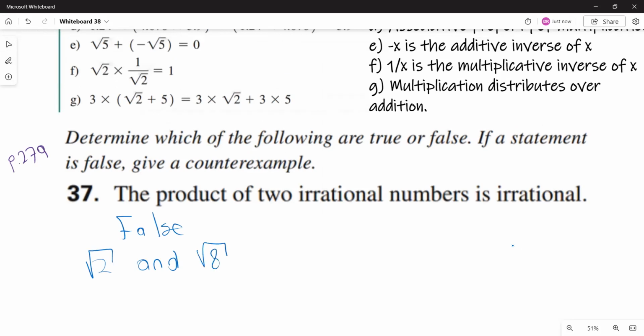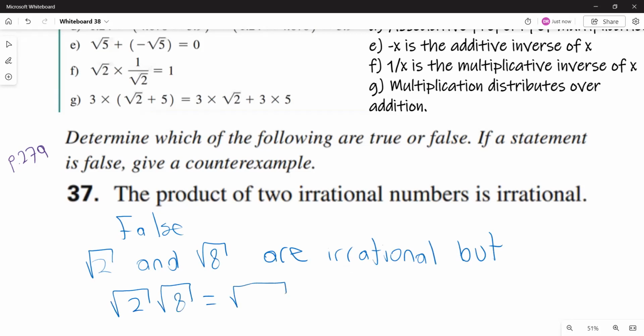These two are irrational numbers, but their product is a rational number. Square root of 2 times square root of 8 is square root of 2 times 8, which is square root of 16, and square root of 16 is 4. So we have two irrational numbers whose product is not irrational.